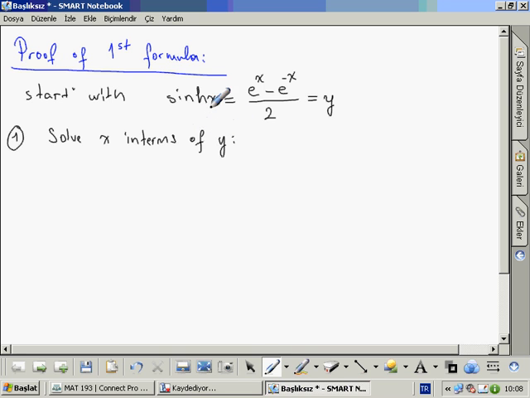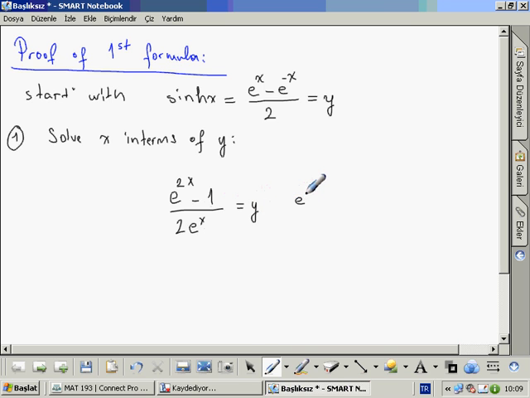I mean that, multiply by e to the x, and you will obtain (e to the 2x minus 1) over (2 times e to the x), and it's equal to y.